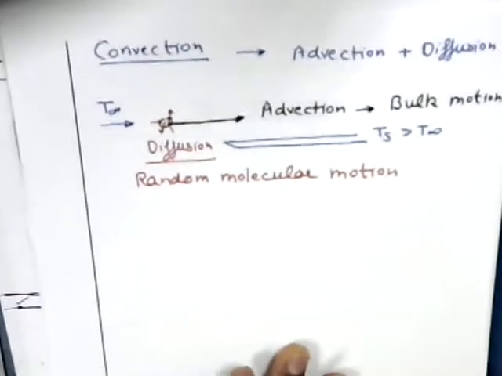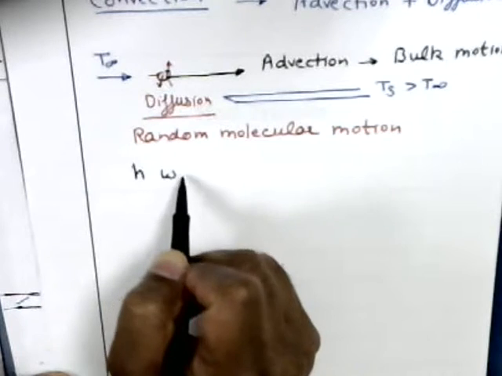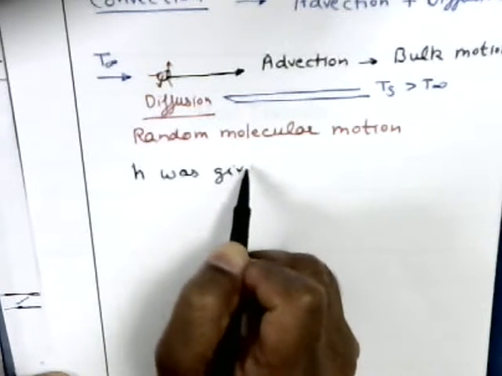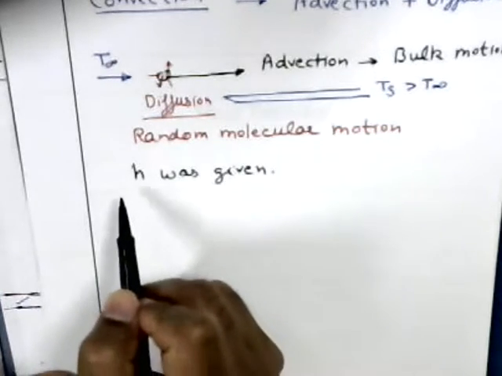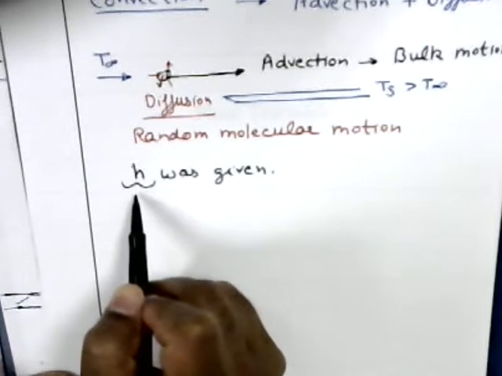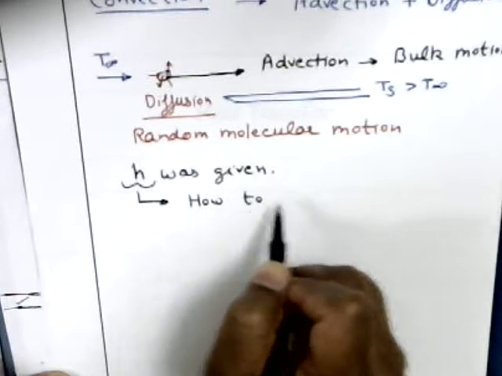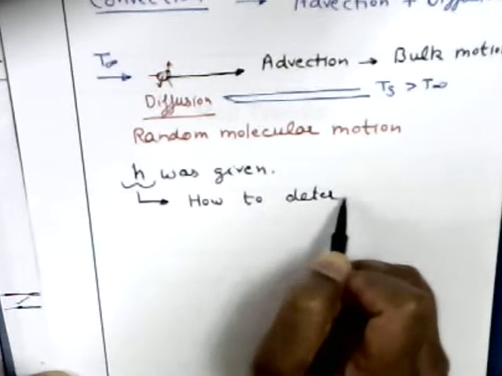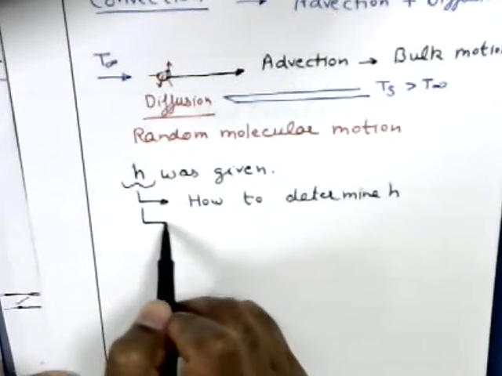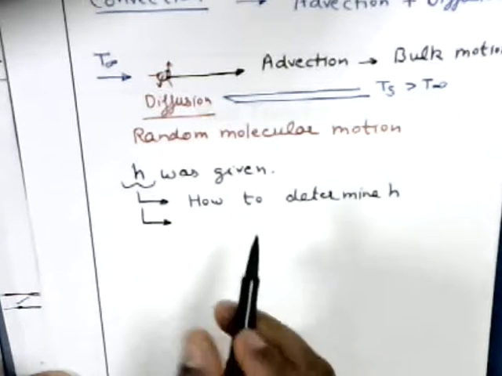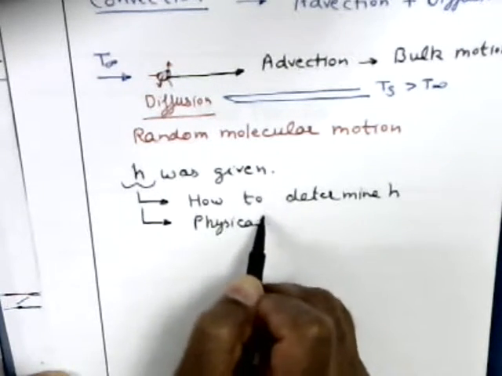And in the problems that we did so far, actually H was given, so we did not have to determine H. But now we'll discuss how to determine H. But before that, we'll also discuss a little bit about the physical mechanism for convection.